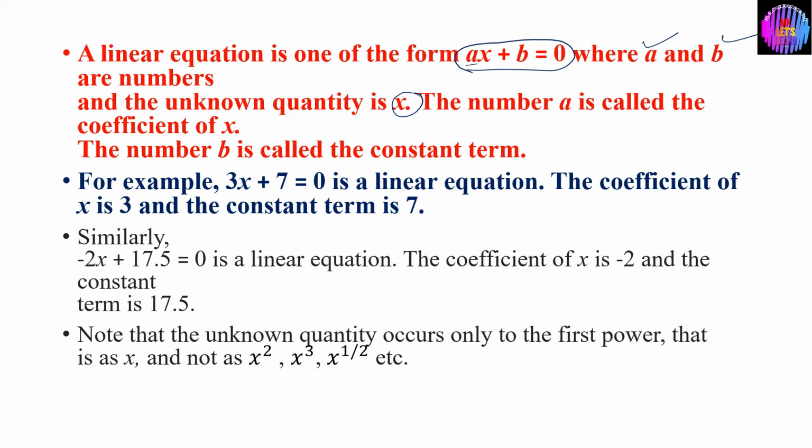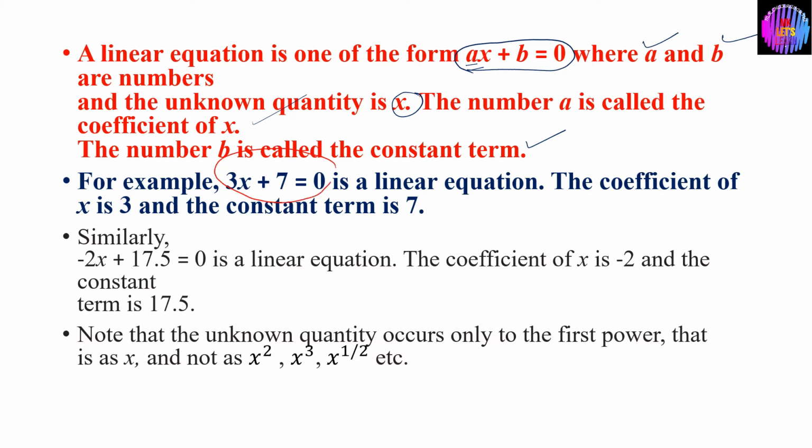Here the number a is called the coefficient of x and b is called the constant term. For example, take 3x plus 7 is equal to 0.